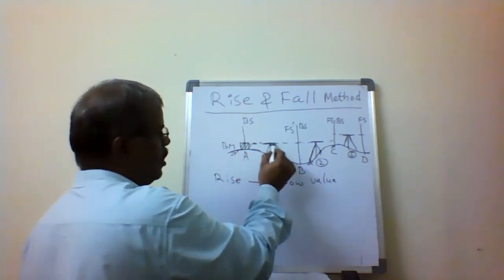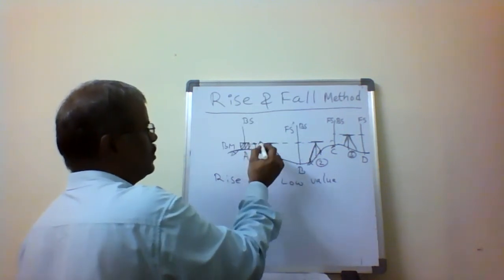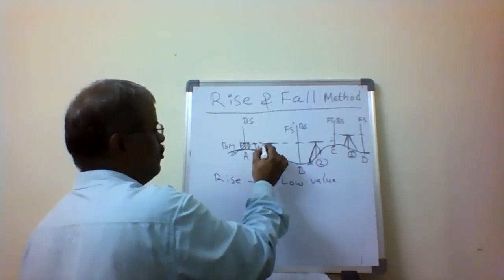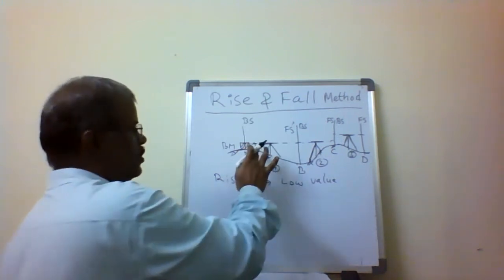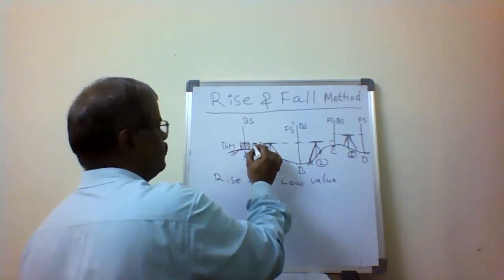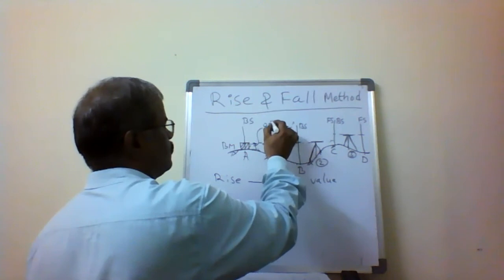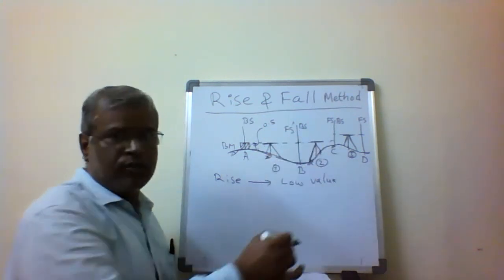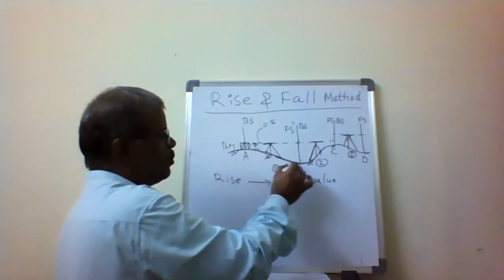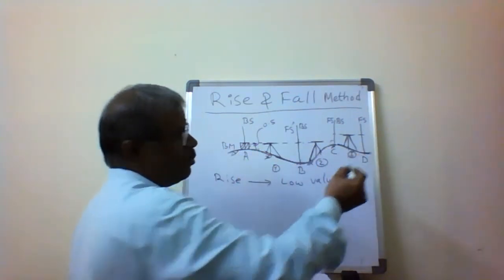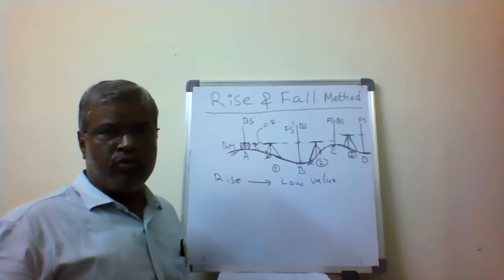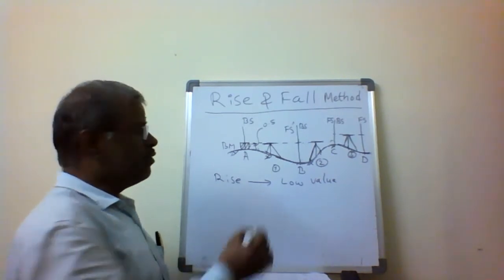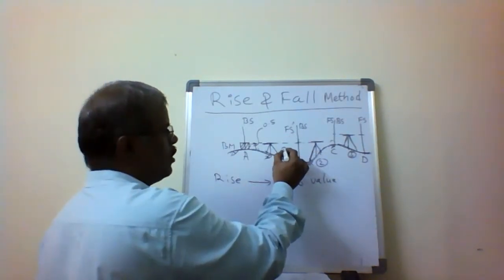You can see that here is the low reading, this is 0.5. And this is called a depression. This is rising, this is depression, rising, and then depression again. Wherever there is a depression, which is a fall, the reading will be more.